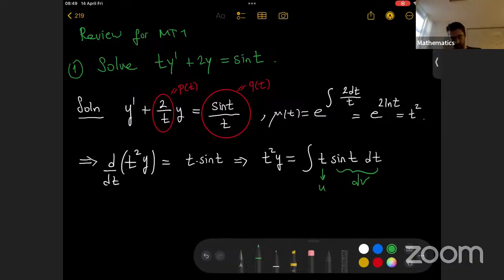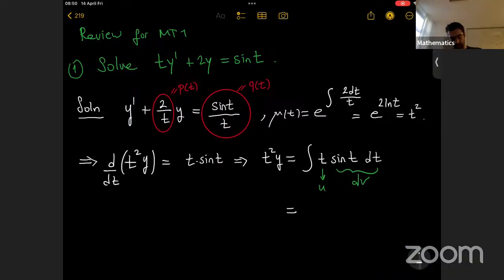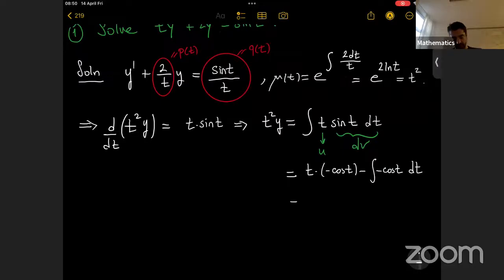So the resulting integral will be u times v, which is t times minus cosine t, minus the integral of v times du, which is dt. Okay, and this is nothing but minus t cosine t plus the integral of cosine t, which is sine t, plus a constant.